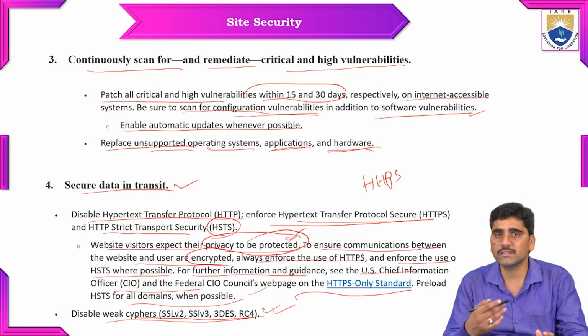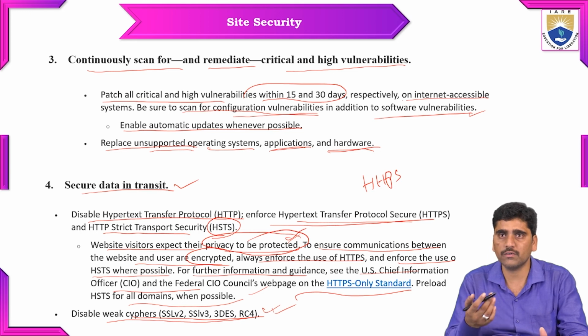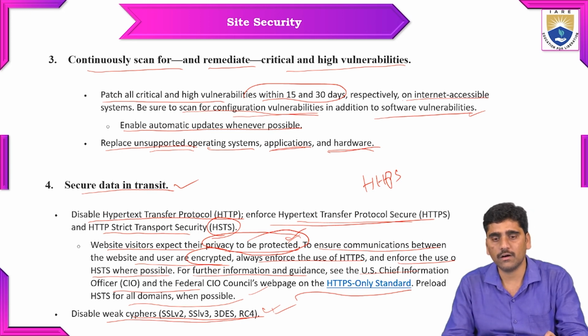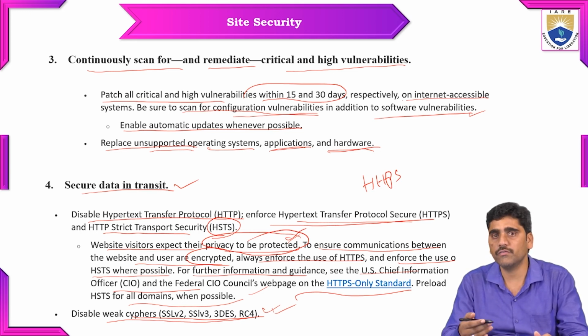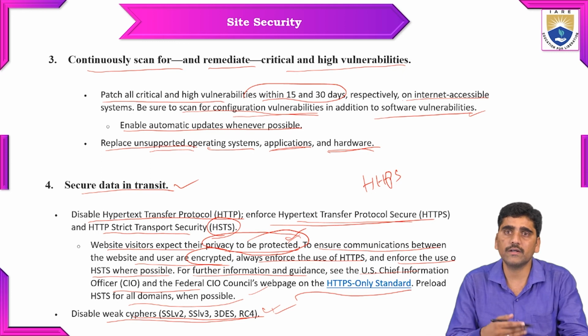Next, continuously scan for and remediate critical and high vulnerabilities, to find out the vulnerabilities and the different attacks. We review this every month, once or twice within a month. And secure data in transit.